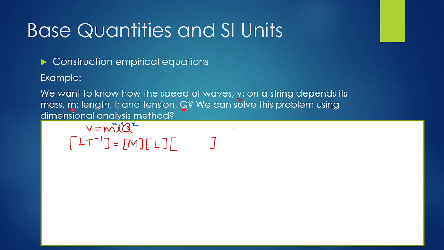Tension is a force, with the unit in Newton. Force F equals ma, and in dimensions it is M L T negative 2, power negative 2.